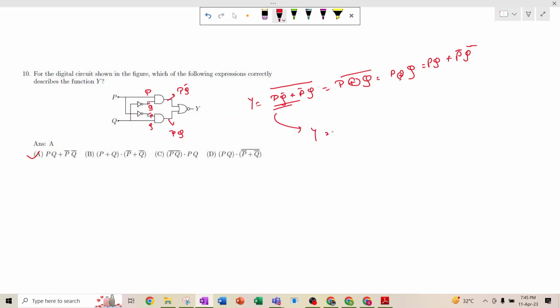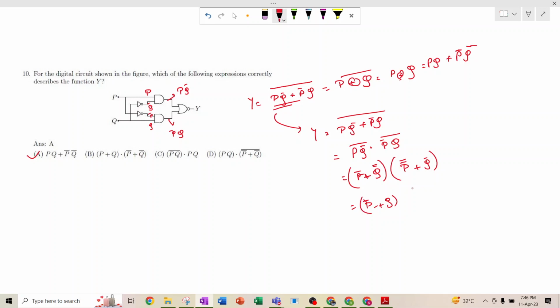So Y is basically PQ bar plus P bar Q, whole bar. So if we use De Morgan's law, this will be P bar plus Q, and if we express this, Q bar into P double bar plus Q bar. So that means it will be P bar plus Q multiplied with P plus Q bar.